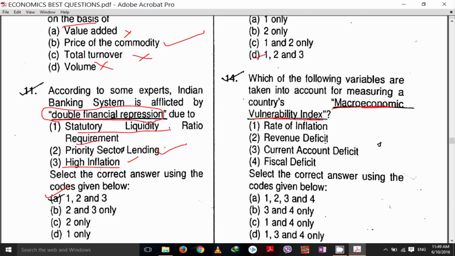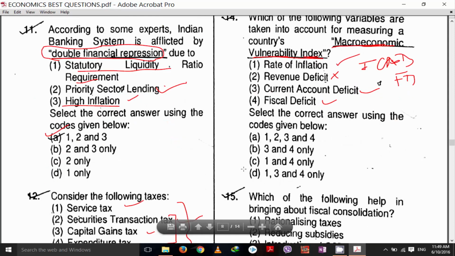So it includes the rate of inflation, the current account deficit, and the fiscal deficit. Revenue deficit does not come. So here comes I, okay, then CAD, and it's FD. Okay, so all of these come. I, that is rate of inflation, next comes current account deficit, and then next fiscal deficit. So its answer is 1, 3 and 4. 1, 3 and 4 here.